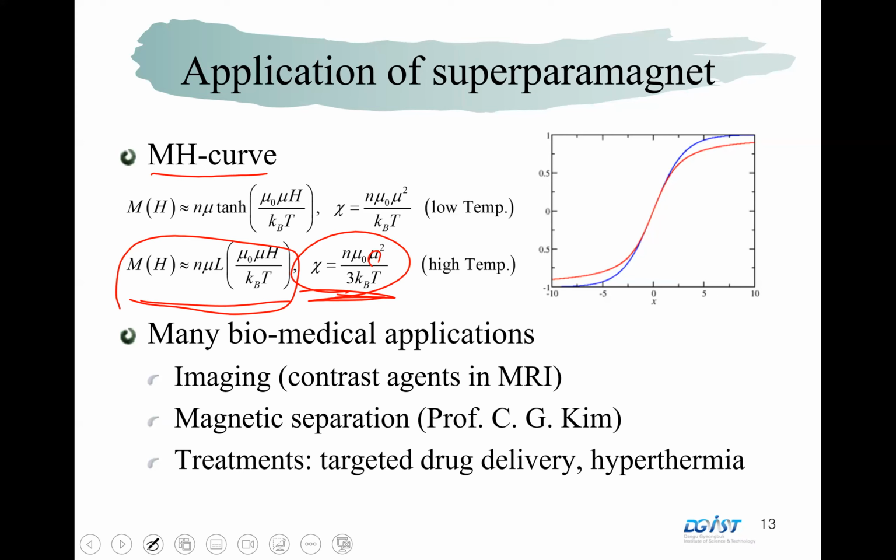In a paramagnetic approach, mu is the molecular magnetic moment. But here mu is the magnetic moment of the superparamagnetic particle, so the order of magnitude of this mu is really large. So the magnetization curve of this superparamagnetic particle looks like a good approximation, the hyperbolic tangent, and this applies to the low temperature limit and the high temperature limit.